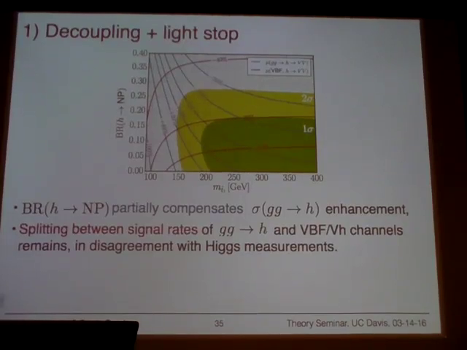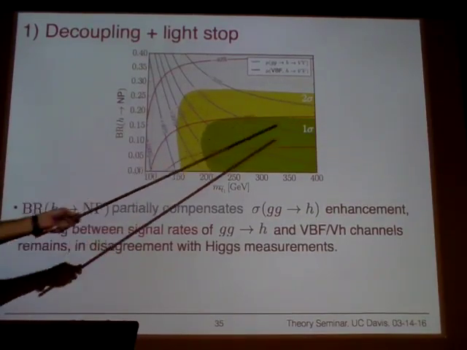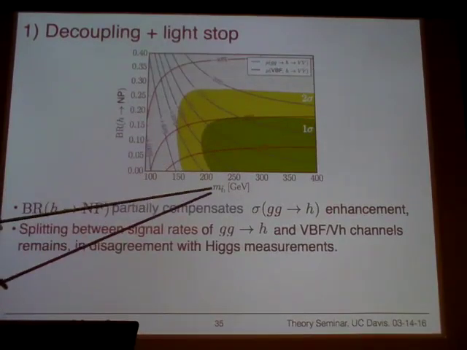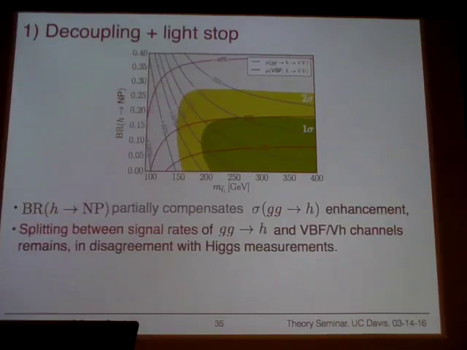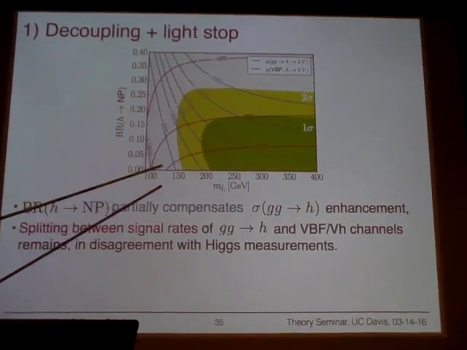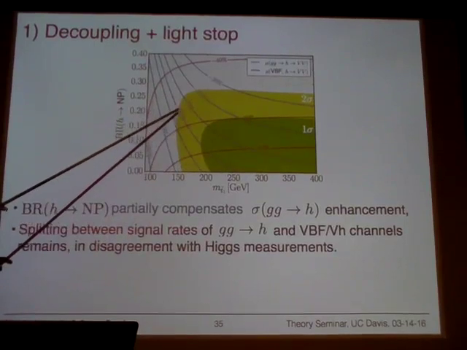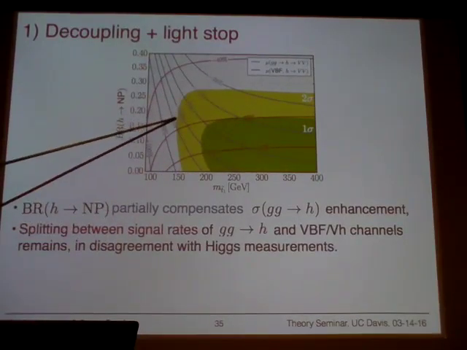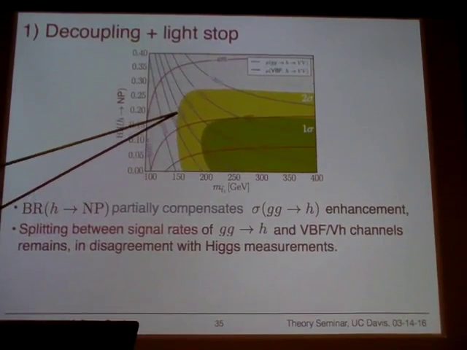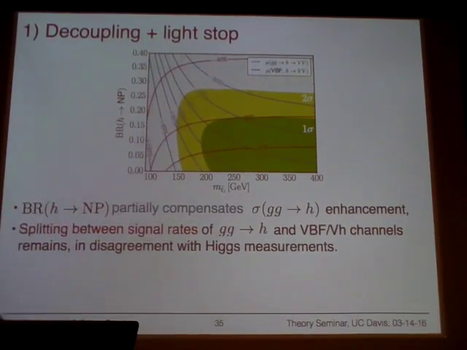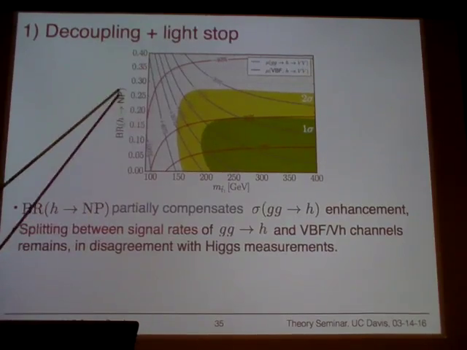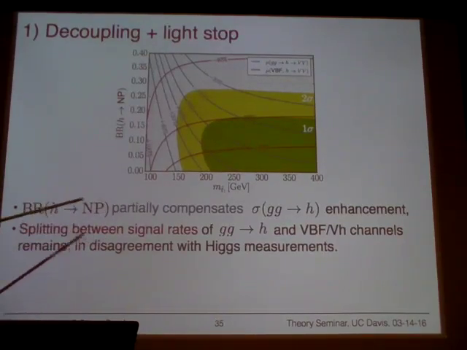The first scenario is where we just have a light stop and the rest is decoupled. This plot shows you 1 and 2 sigma regions in the light stop mass versus branching ratio of Higgs to new physics plane. If you just look at this, you already see that you can have maybe light stop masses of 144 GeV, but only if you add this additional branching ratio to new physics.